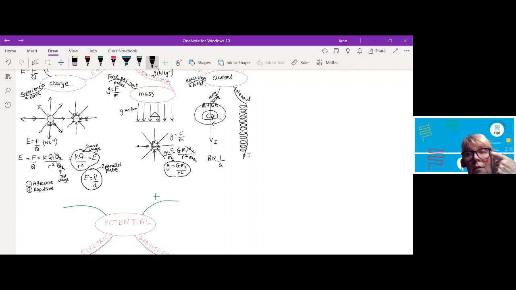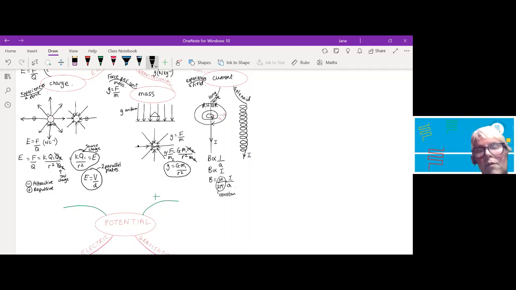Notice it's not an inverse square, it is an inverse radial, but it's not an inverse square law. And also B is proportional to the current flowing through the wire. In fact, one of your equations is B equals mu over 2 pi, I over a. All right, so this is our constant of proportionality.